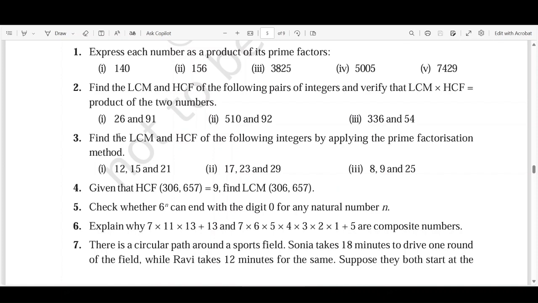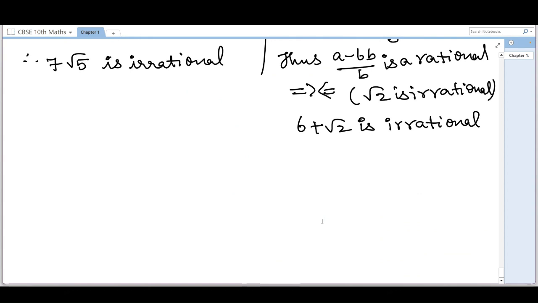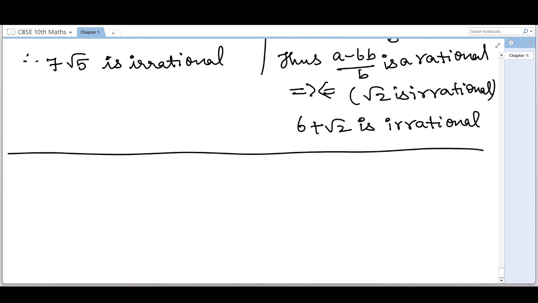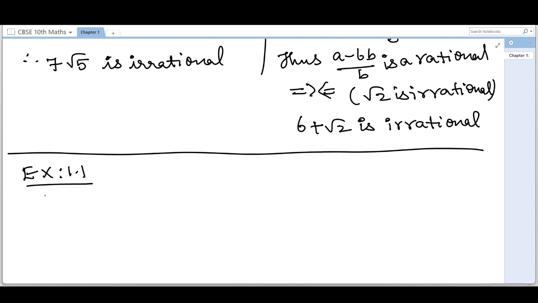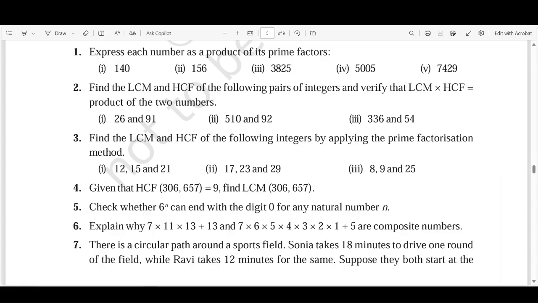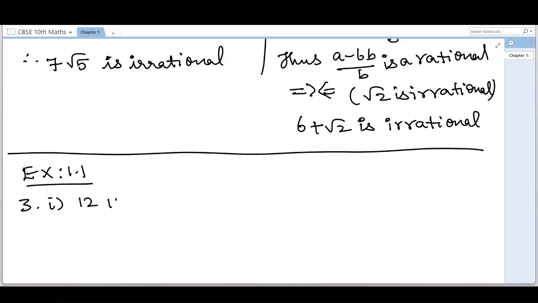Let us consider the first one, 3, 1, in exercise 1.1. Here we have to find the LCM of the three numbers 12, 15 and 21.